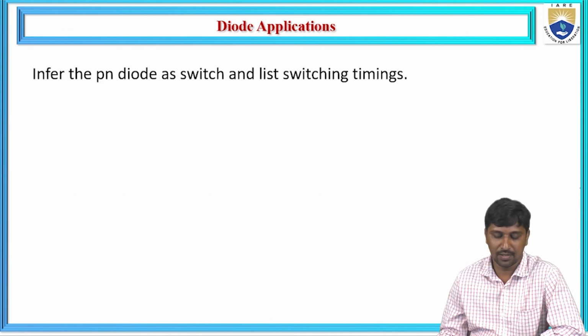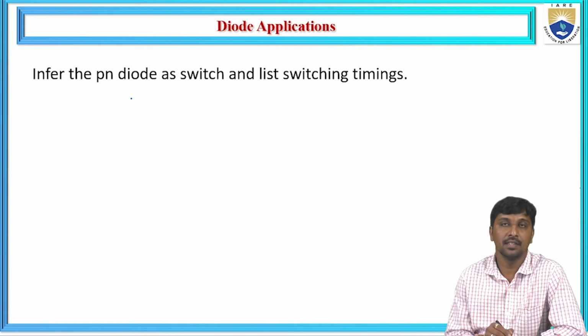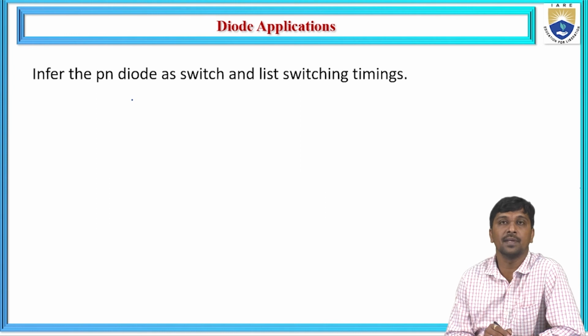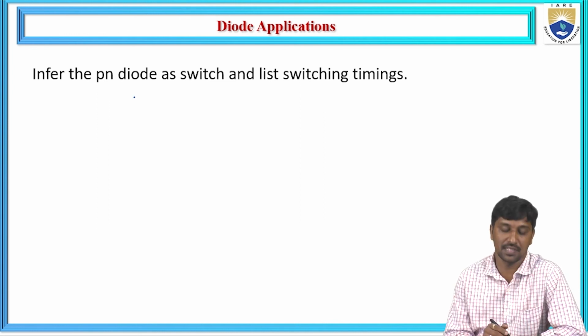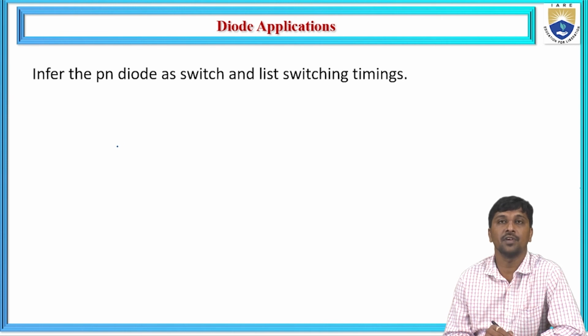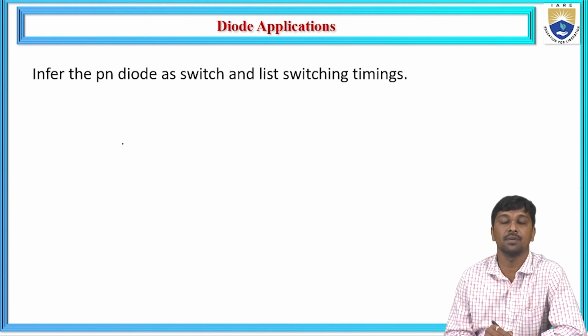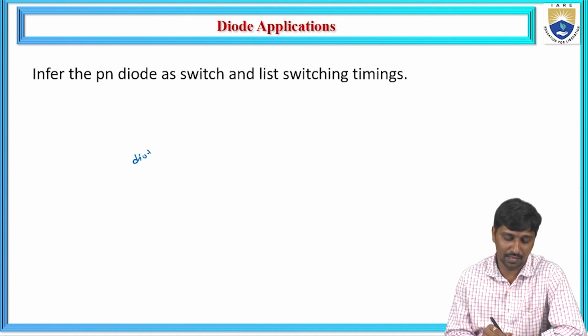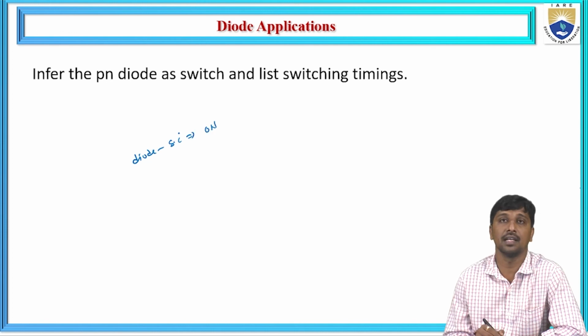Now, explain the PN diode as a switch and list the switching times. For this question, first we need to explain how the PN diode acts as a switch. Generally we know that when the PN diode is connected in forward bias, it allows maximum conduction. Under this forward bias, the diode is replaced with a short circuit and the state is represented as on state.